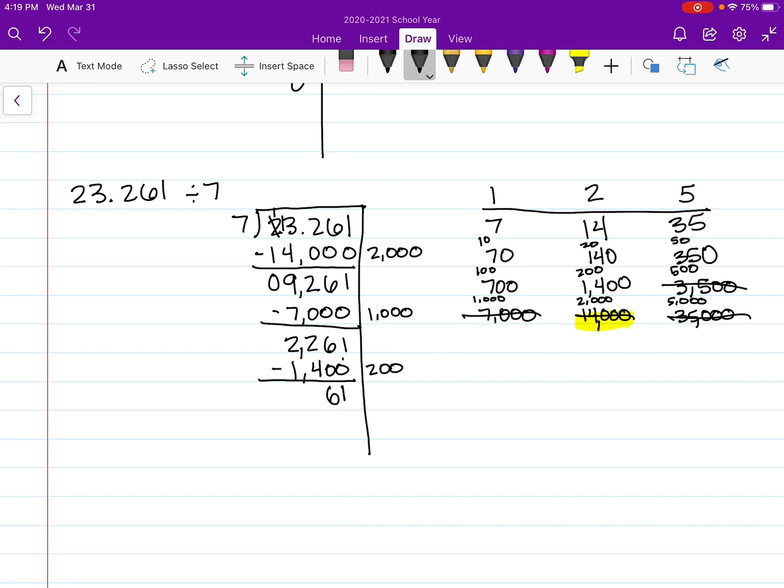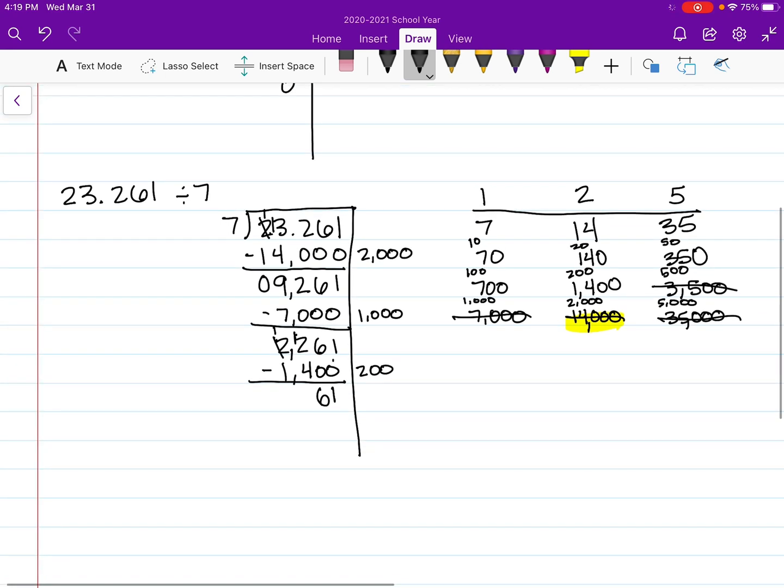I cannot take 4 away from 2. So if you think about having 2 fingers, if I have 2 fingers up, I can't take 4 fingers away. So I'm going to regroup. So I'm changing that to a 1, changing this to 12. 12 minus 4 is 8. And 1 minus 1 is 0.